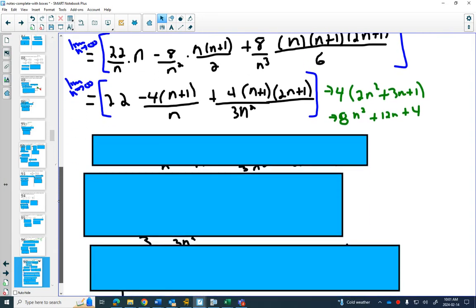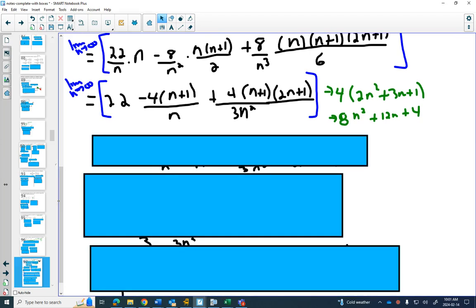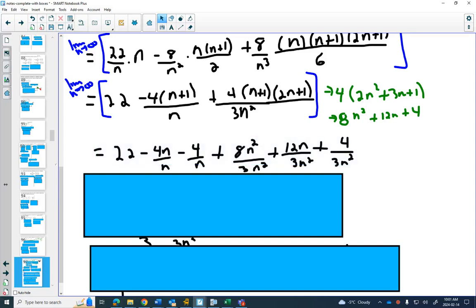And we're so close. If we break them all up into little fractions, this will make our limit really easy to do.